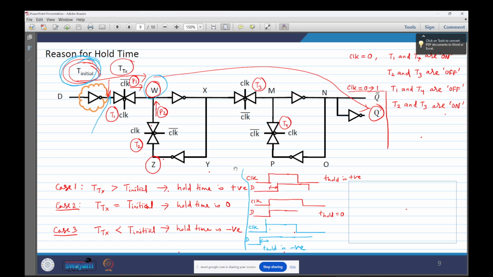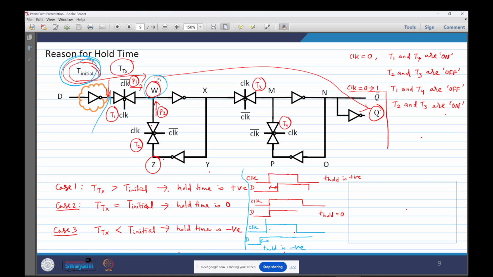What is the question actually? Why can the data not corrupt the value present at the W node?